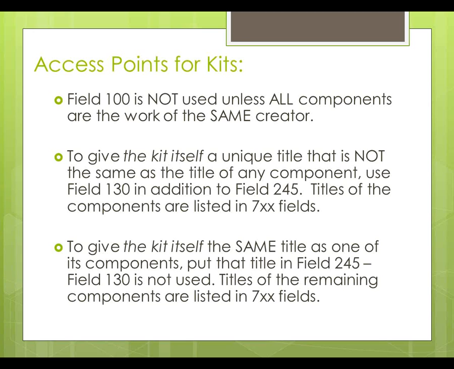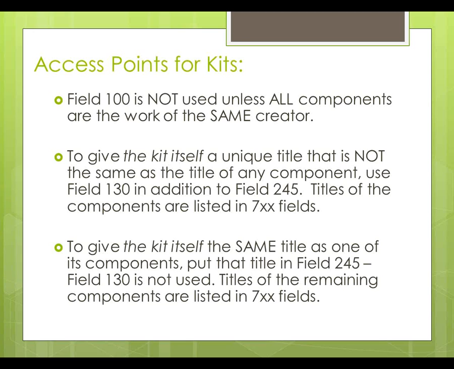If the kit is going to share a title with one of the works that is contained in the kit, you would not use field 130 for that. Just put the title in 245 as though you were creating a record normally.